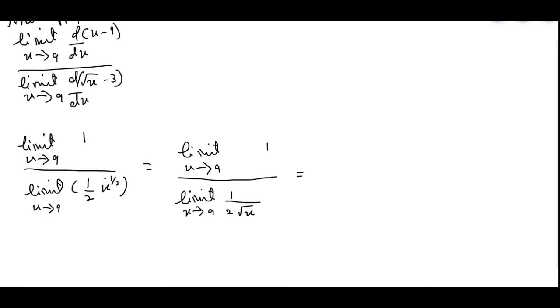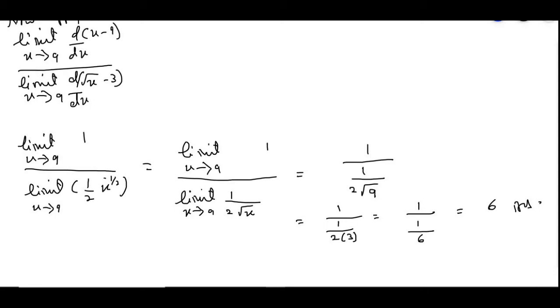On applying the limit we have 1 over 2 under root 9. This is 1 over 2 multiplied by 3, which gives us 1 over 6. Therefore the final answer is 6.